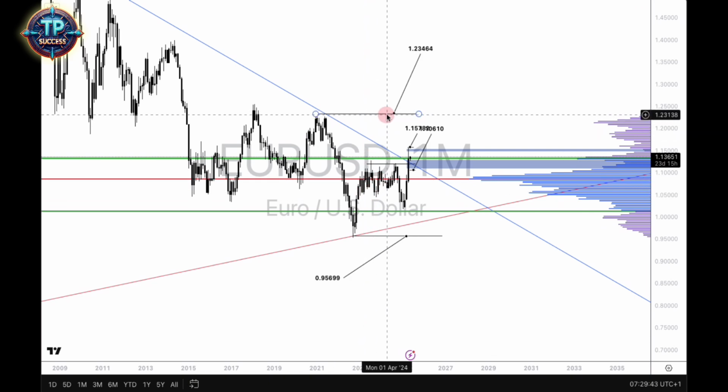Either a close above or a rejection from these levels will give me a really good idea as to what side of the coin I need to be on, or for lack of a better word, what position I need to be taking for a really good, decent amount of profit. So this is going to be say the best calculated risk trade I could possibly take based on the fact that I'm waiting for key events to unfold or not unfold, and depending on how that's done, I would know what to do and how to do it.